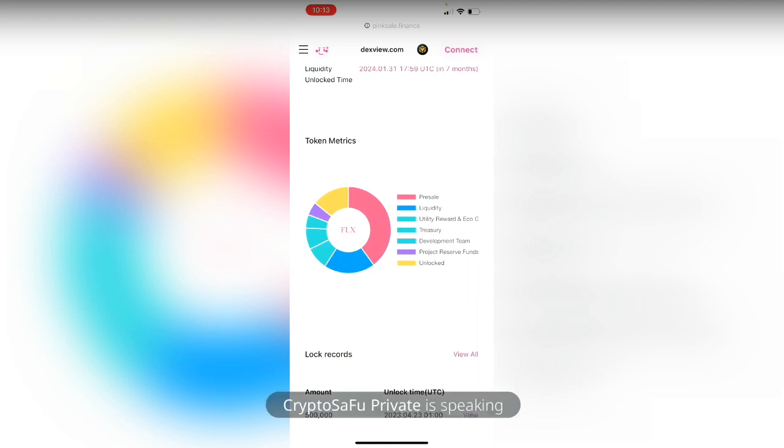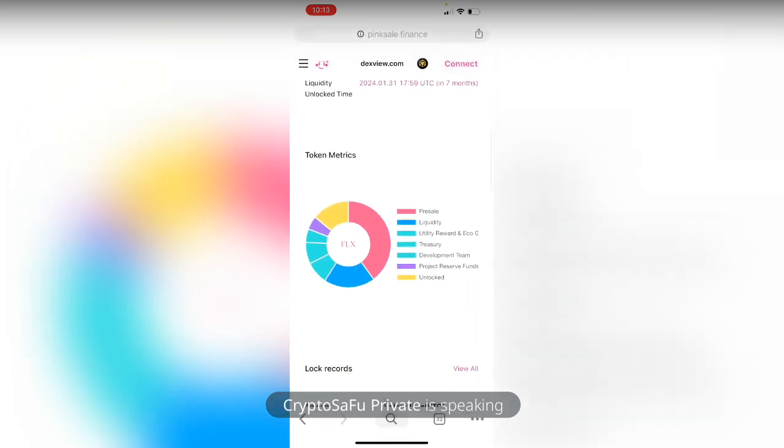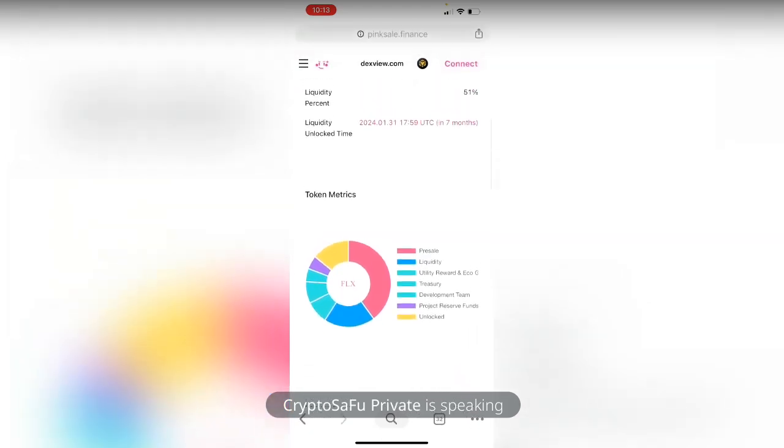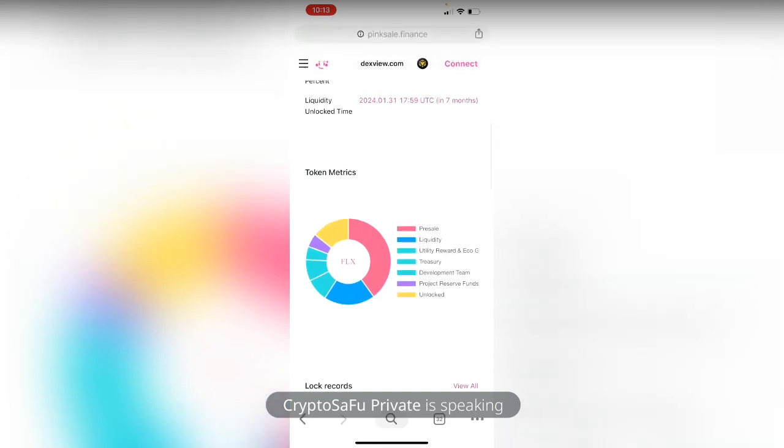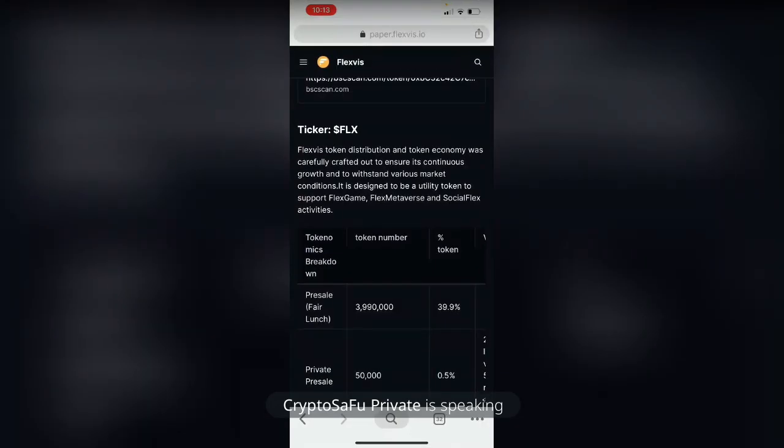Okay, so looking at this graphical chart, let's see the numbers that have been attached to this token distribution. For me to do that, I'm just going to open their white paper. Every project always has a white paper, and on their white paper, it is going to be stated what is happening for each of these percentages of the token.